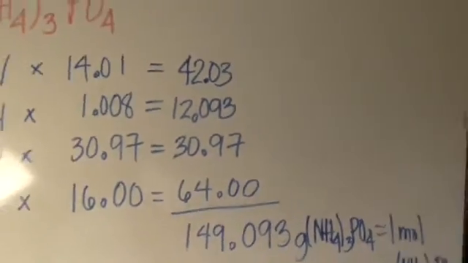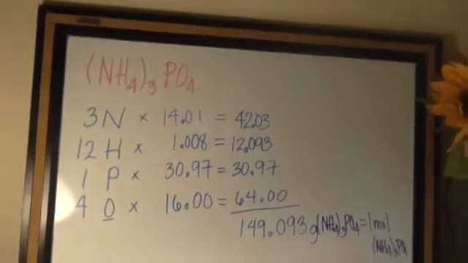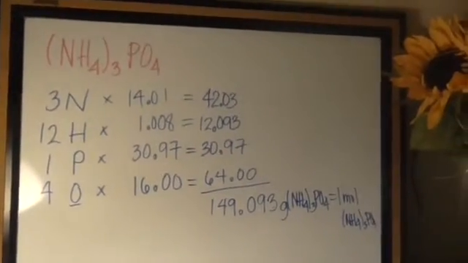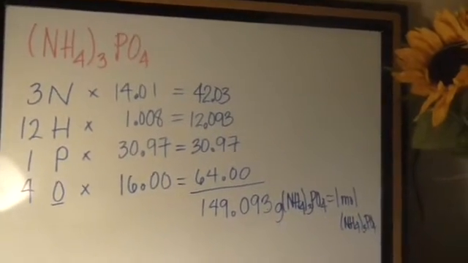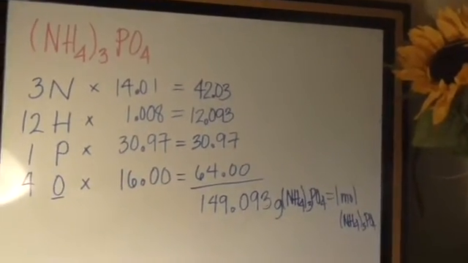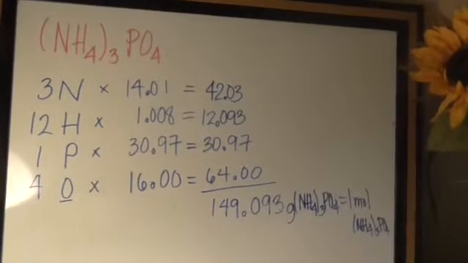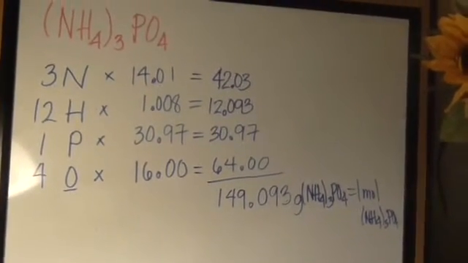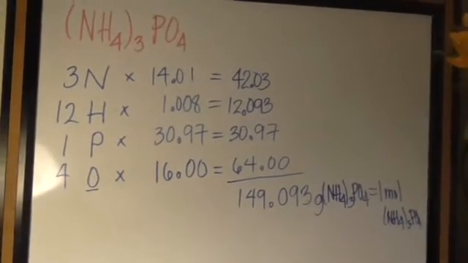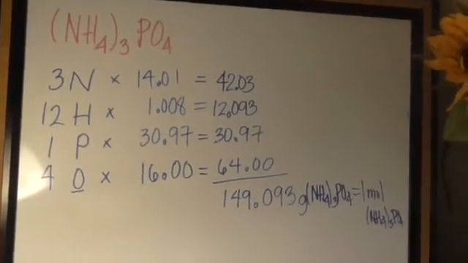And so that is how you find your conversion factor for path A, which we call our molar mass. Okay. All right. I think that is just about it in terms of how to find that number. And our very next lesson will be on how to use that conversion factor. Alrighty then.